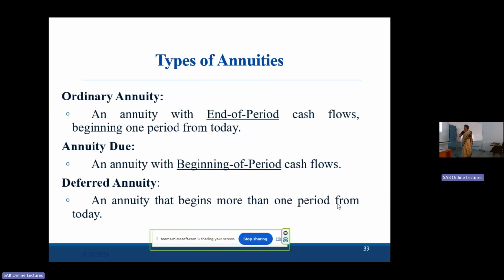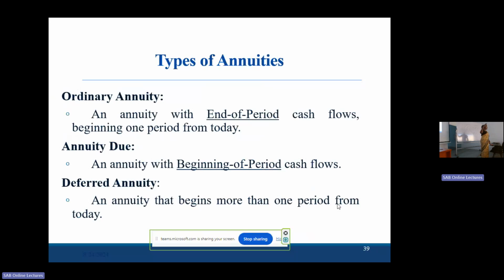Annuities that begin more than one period from today we call deferred type annuity. This can happen with a court judgment that says to pay maintenance charges or some compensation, such as employee compensation.